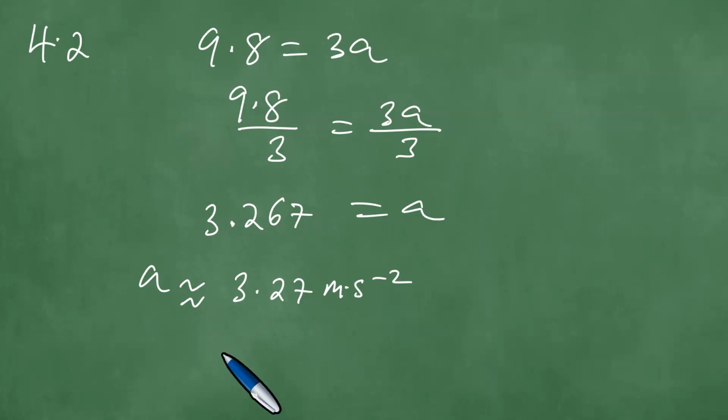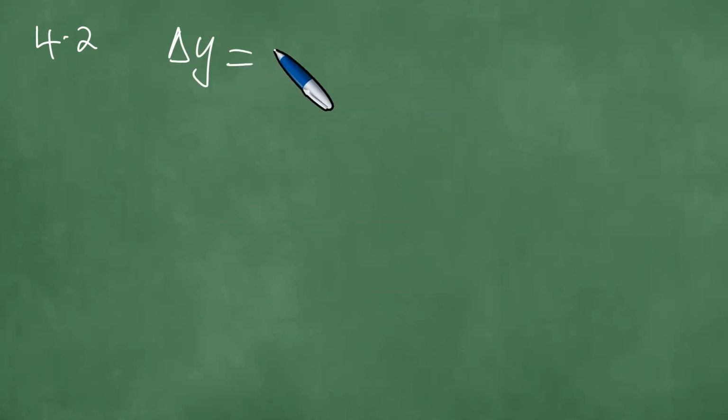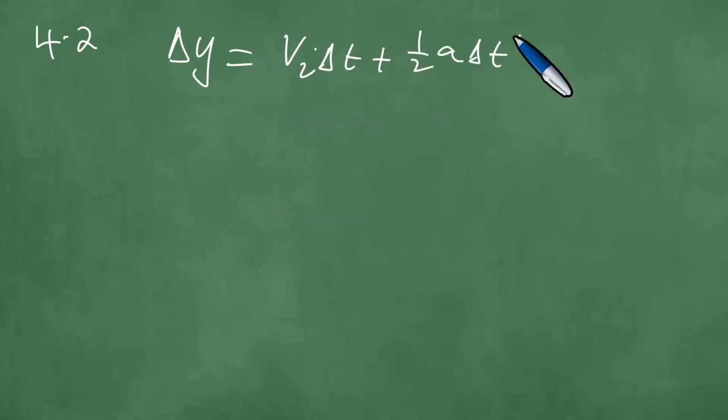Okay, this will be the acceleration of the entire system, but in 4.2, we use the equations of motion. One equation of motion is that delta y is vi delta t plus half a delta t squared.